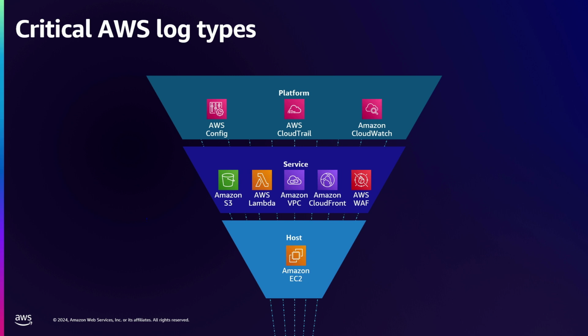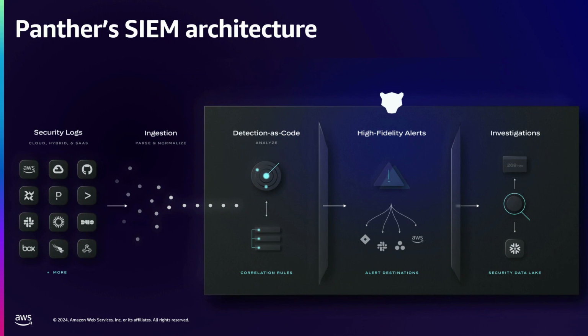So when you aggregate all of your AWS data, you gain a comprehensive view of your cloud environment. This is where tools like Panther shine, making it easy to collect, analyze, and visualize AWS logs to provide actionable insights and enhance security posture. So next, we will dive into Panther's architecture, as you saw, so I can further explain this.